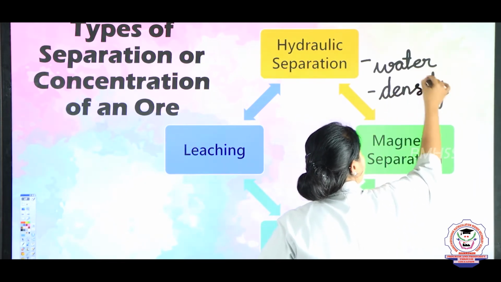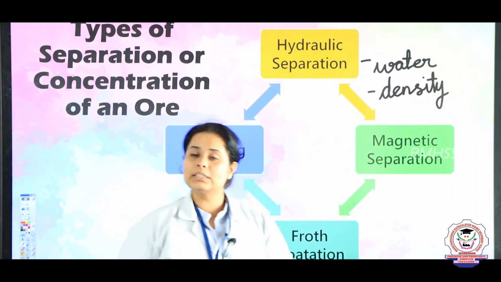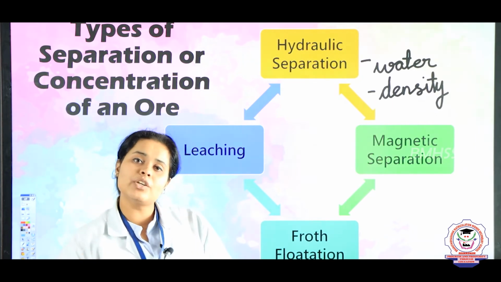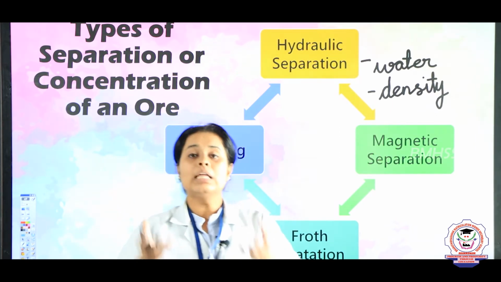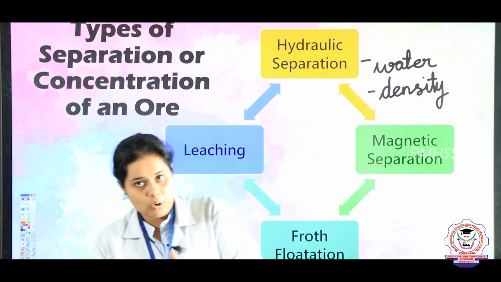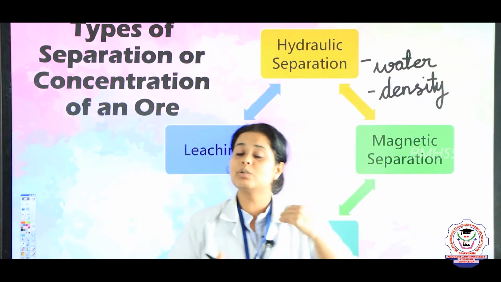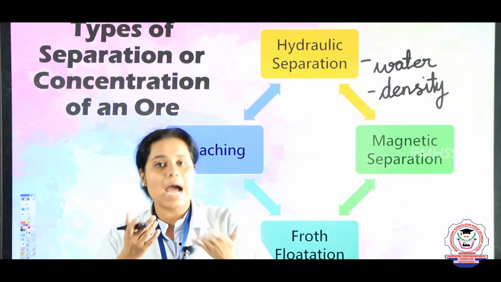The second is magnetic separation. Here we see whether the ore is a metallic ore or a non-metallic ore. Magnetic separation is especially used for magnetic substances such as iron.